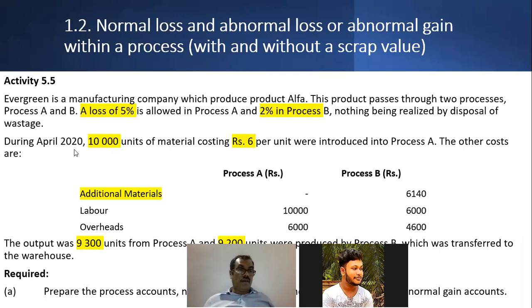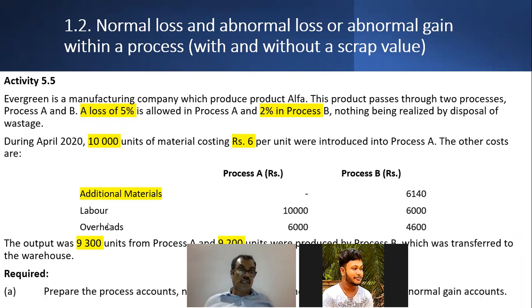During the month of April 2020, 10,000 units of material costing 6 rupees per unit were introduced into process A. The other costs are for process A and process B. Additional material: the output of process A plus additional material are input to process B with this value.